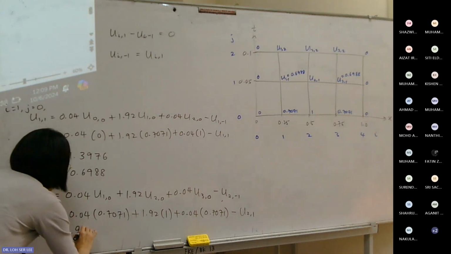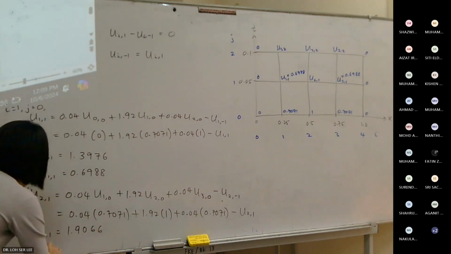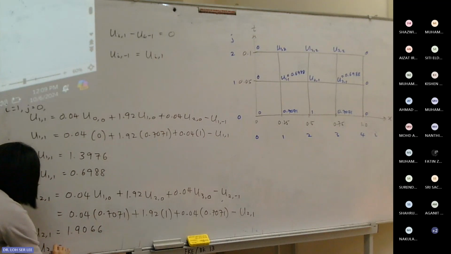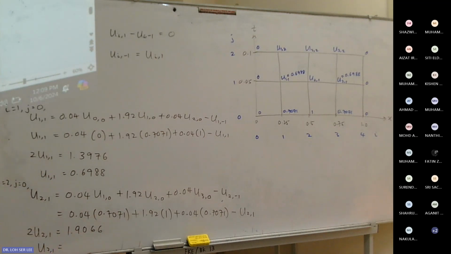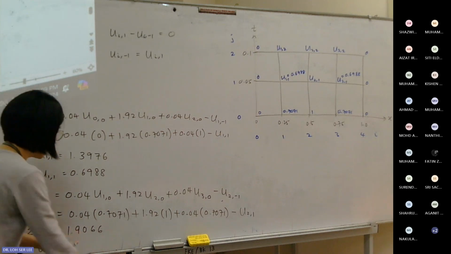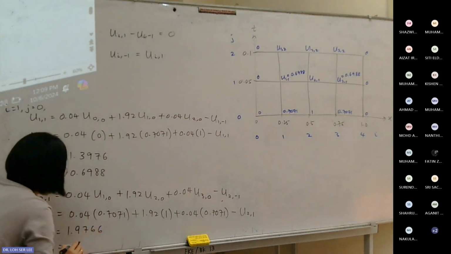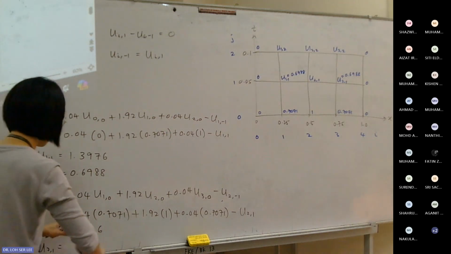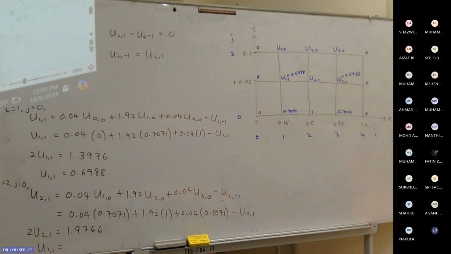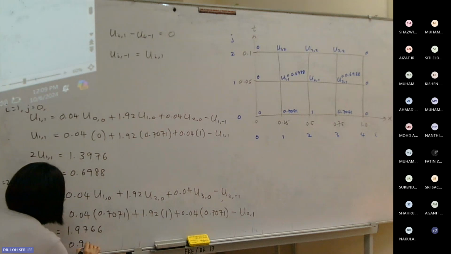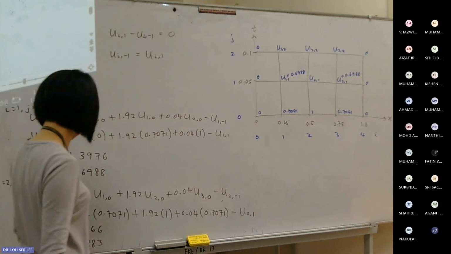And you will take it. So your U21 will be 1.9766, divided by 2, 0.9883.